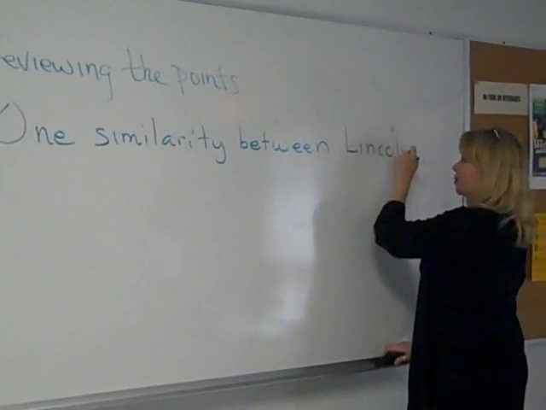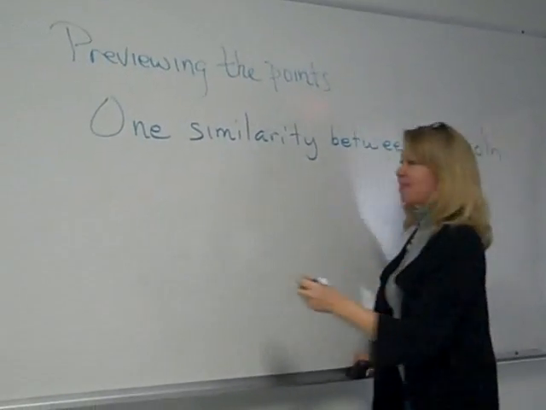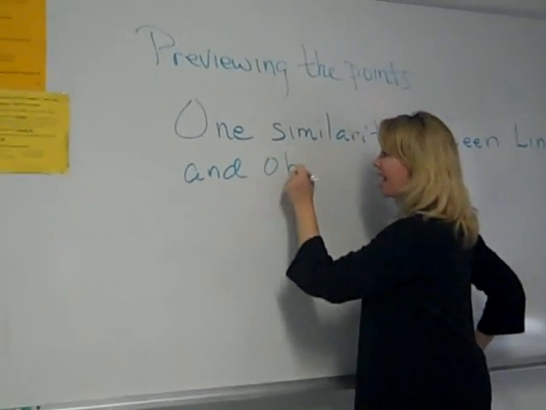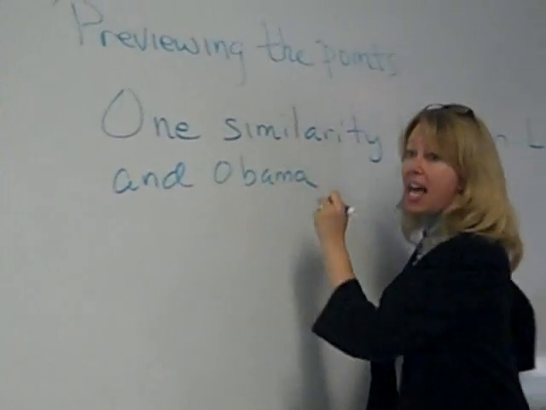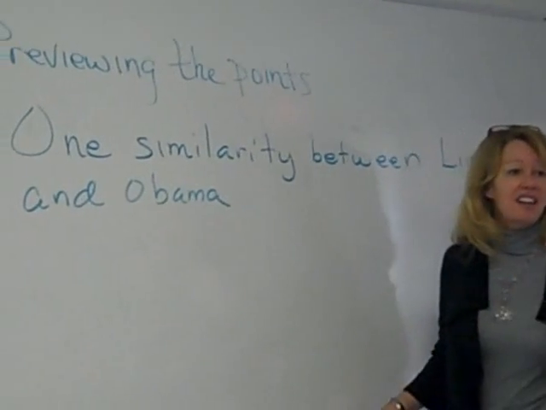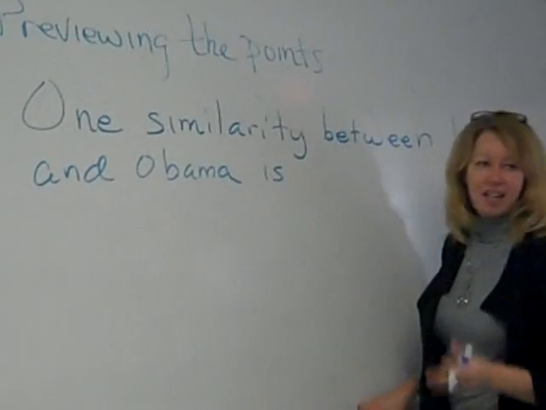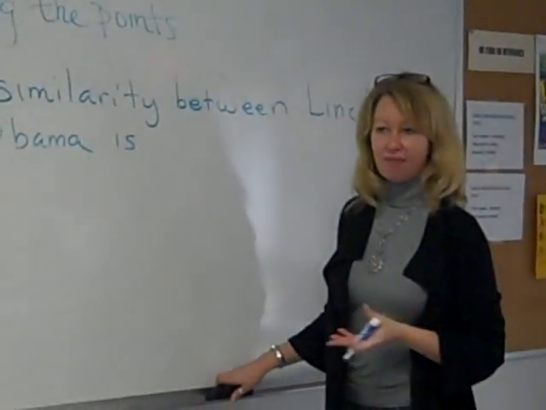I would say start first with Lincoln, okay? Now I know that Abraham Lincoln is dead, but we're still going to use the present tense, okay? Because otherwise, how are we going to say it?